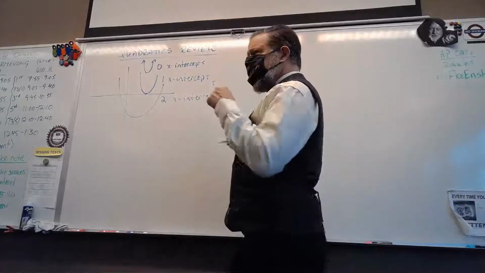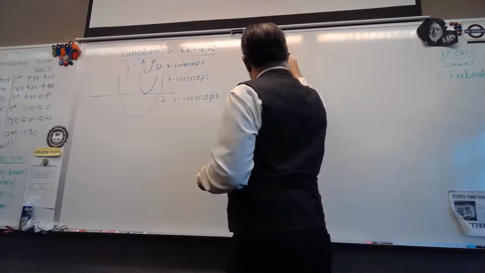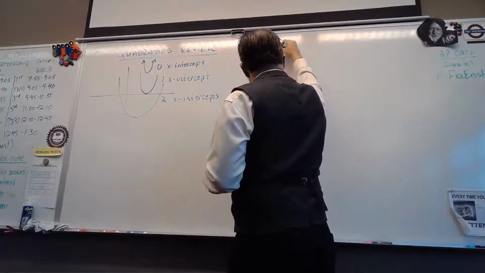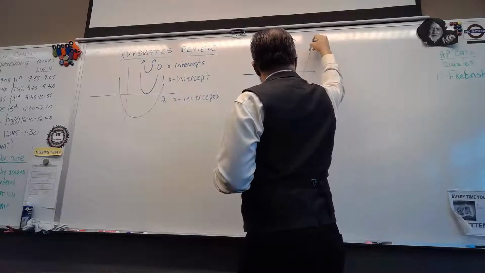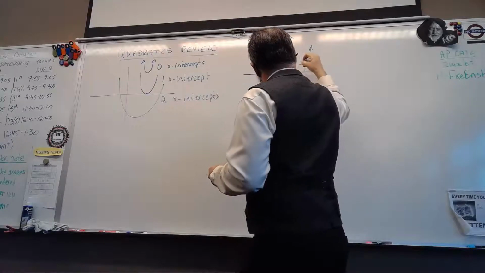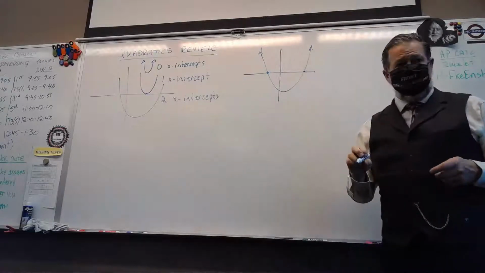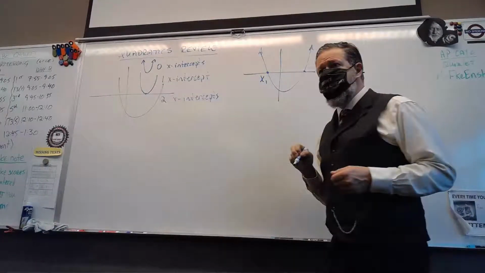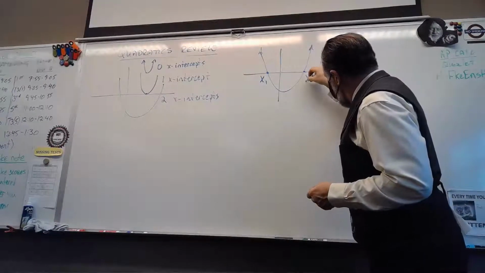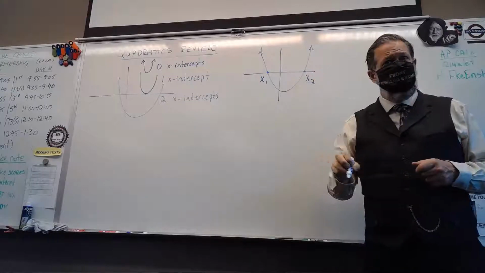So I'm going to use some notation that you may remember, but I will explain it to you. Here's my 2 x-intercepts, and I'm going to call this one x1, and I'm going to call this one x2.